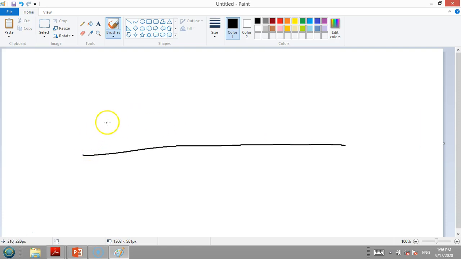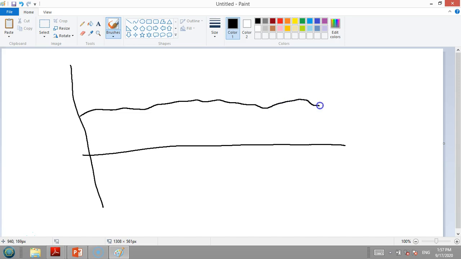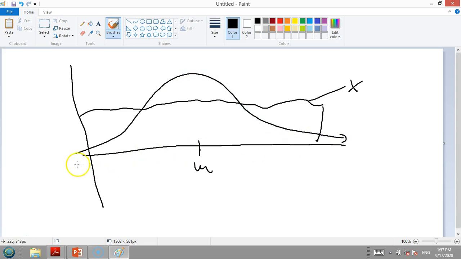Again, I have some population distribution, okay? And again, this is kind of the population X, okay? This is X. And there's some mean. Let's just redraw it, okay? How tight the distribution of X bar is depends on the sample size. The bigger the sample size, the tighter this distribution is going to be, okay?